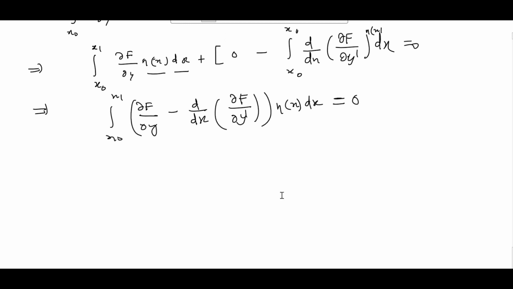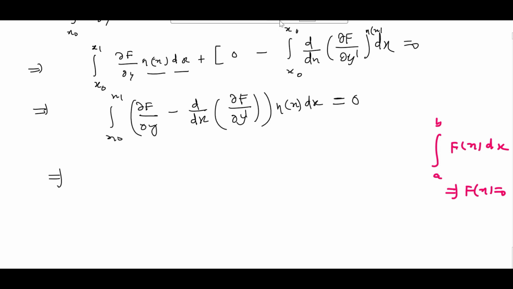So further we can say, by using the property of definite integral, that if the integration from a to b of capital F of x dx is equal to 0, and F is continuous, then F of x has to be 0.